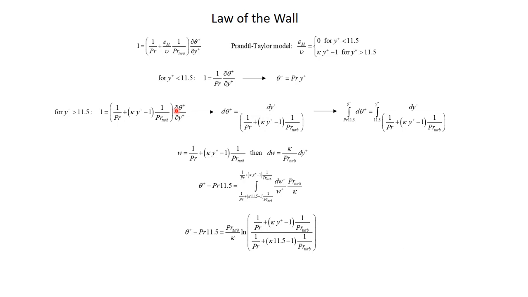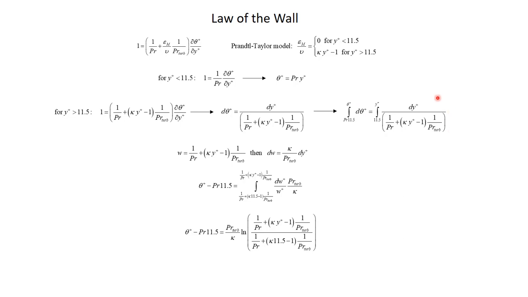I take d theta plus on one side and put all of the y plus stuff on the other side. Again, I can't integrate all the way from the wall; I have to start at y plus equals 11.5, so that's the lower limit. At y plus equals 11.5, theta plus is the Prandtl number times 11.5. The upper limit is theta plus here and y plus here.